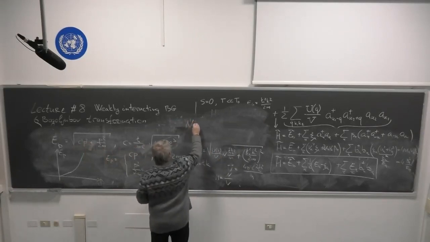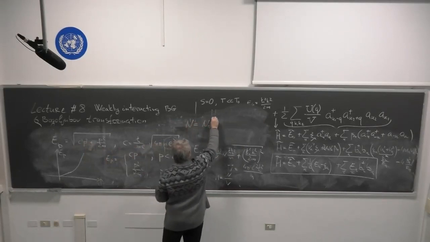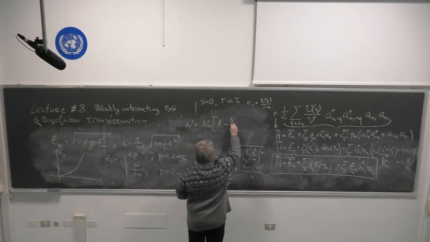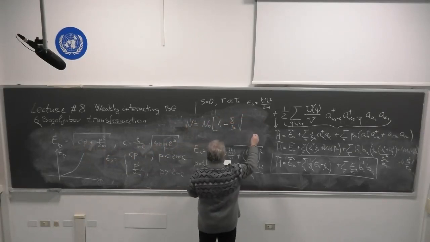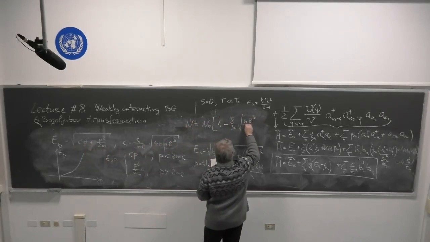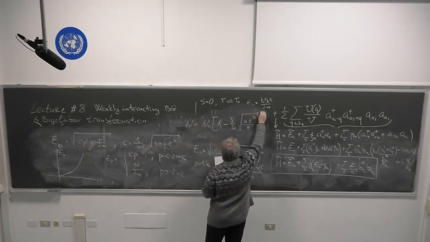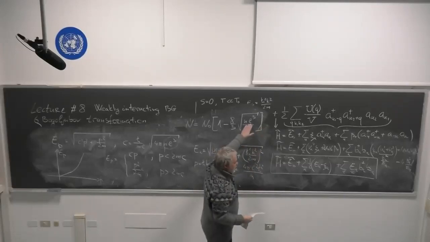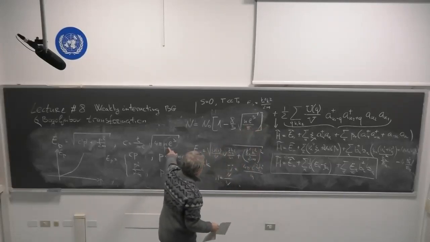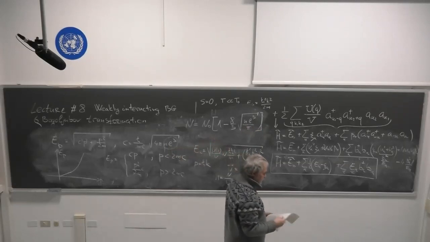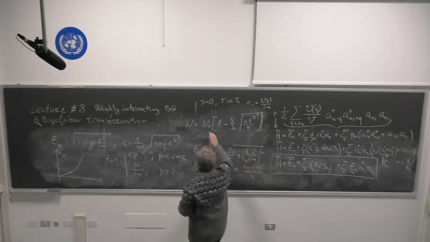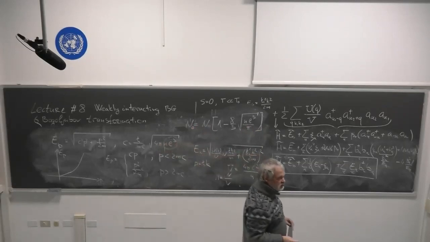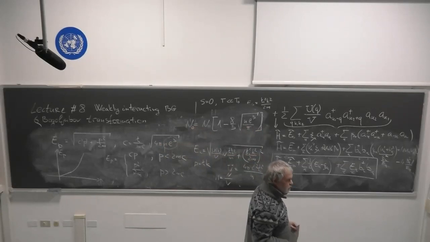The answer for a three-dimensional gas is N0 equals N times 1 minus 8 over 3 square root of π times the square root of n a cubed. Again, we see the small parameter n a cubed. So this is the number of particles in the condensate at 0 temperature.